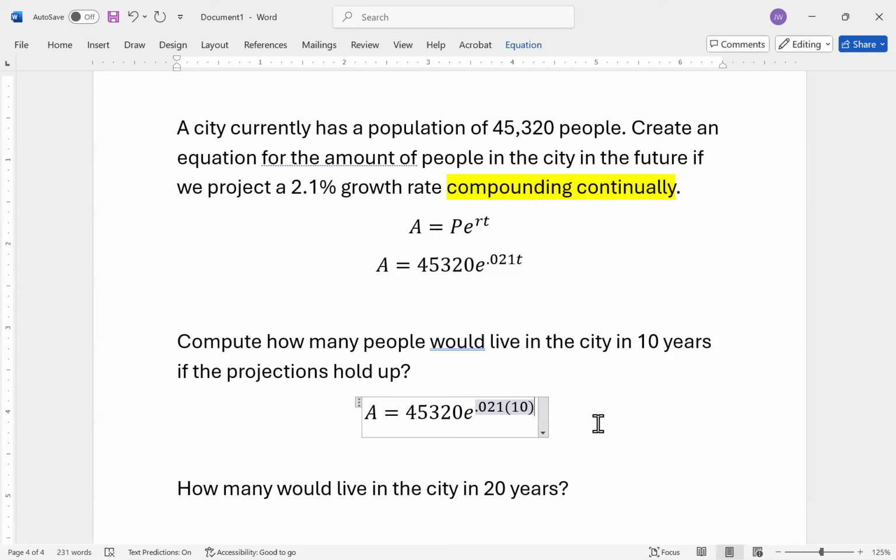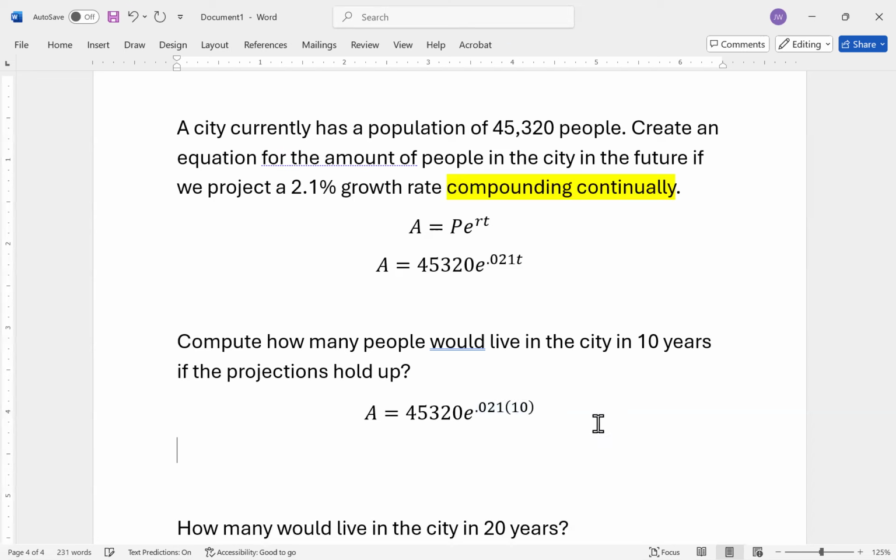So we take 45,320 in on our calculator, we hit the E button, raised to the 0.021 times 10, and that becomes 55,910.29 people.